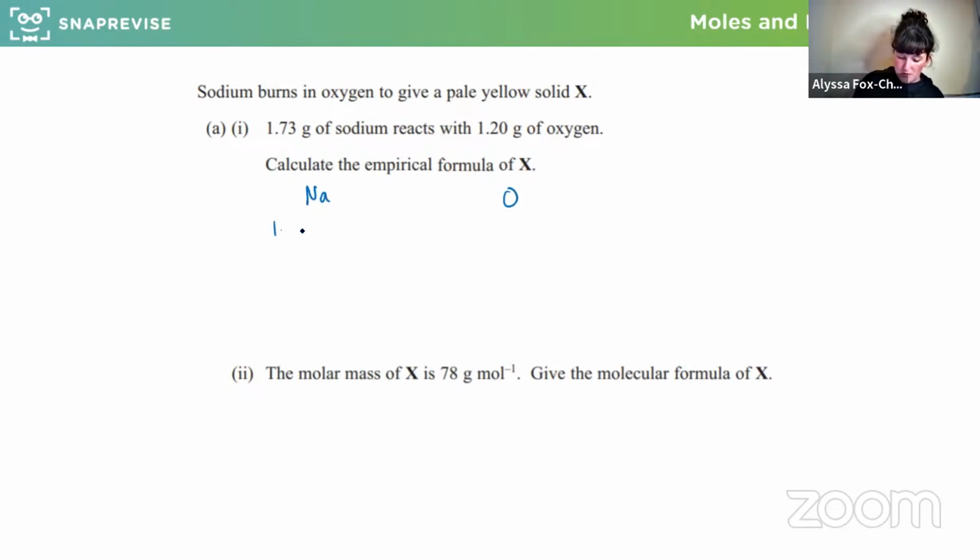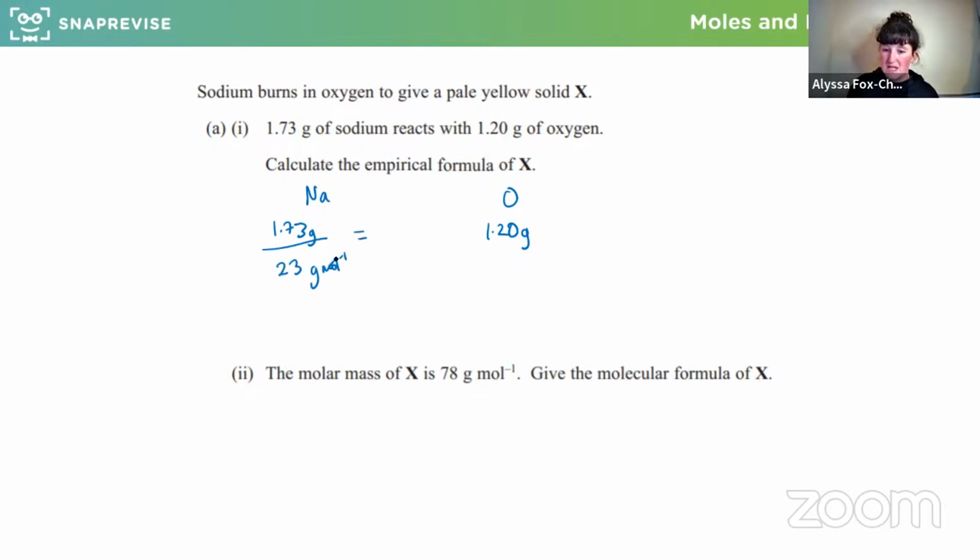Sodium to oxygen. So we've got 1.73 grams of sodium, 1.20 grams of oxygen. Sodium has a relative atomic mass of 23 grams per mole.